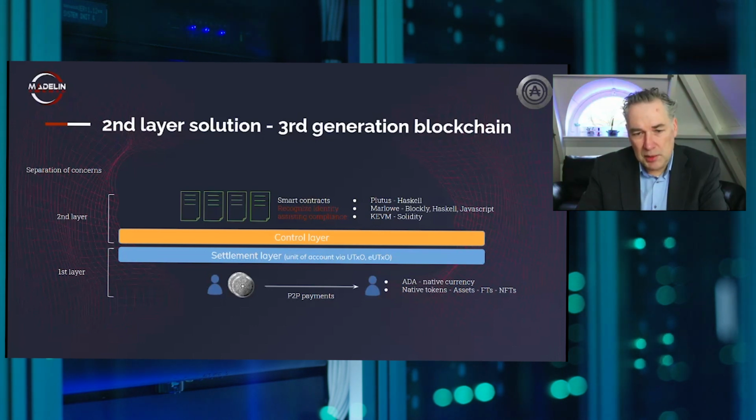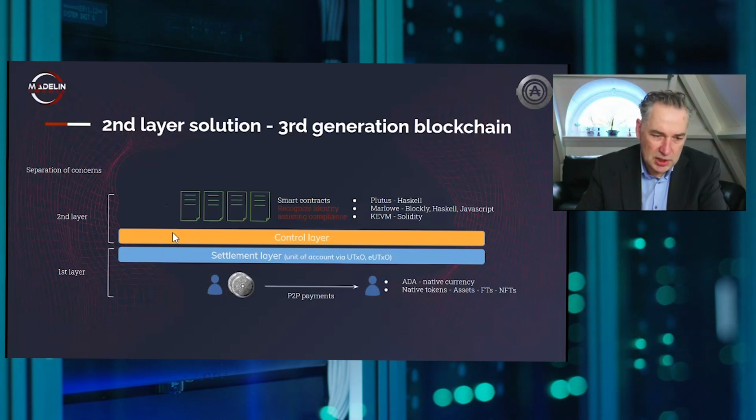Smart contracts can be built in the Plutus language or Haskell, the underlying programming language of the Cardano blockchain, in Marlowe on the basis of visual programming via Blockly, which generates underlying Haskell or JavaScript, and the KEVM, basically the Ethereum virtual machine that is able to compile Solidity code into binary that can be executed on the Cardano blockchain.